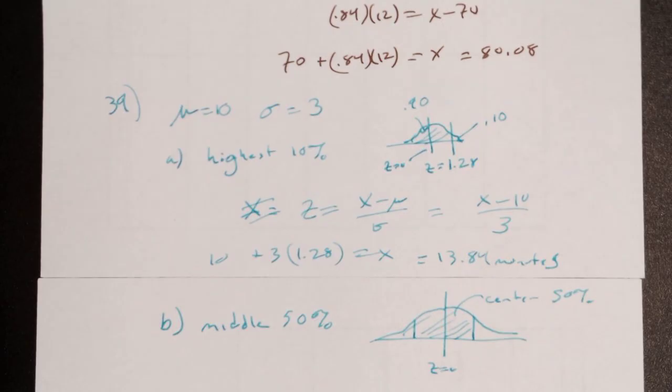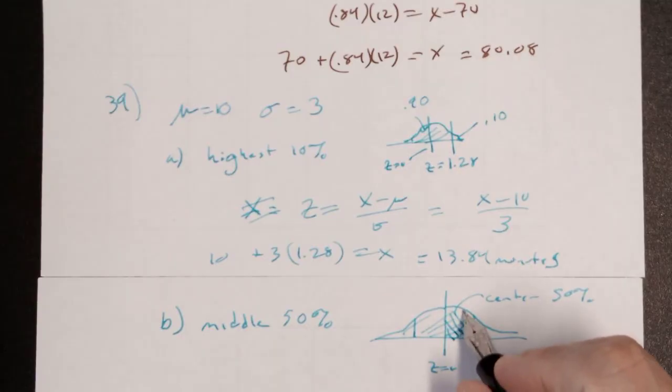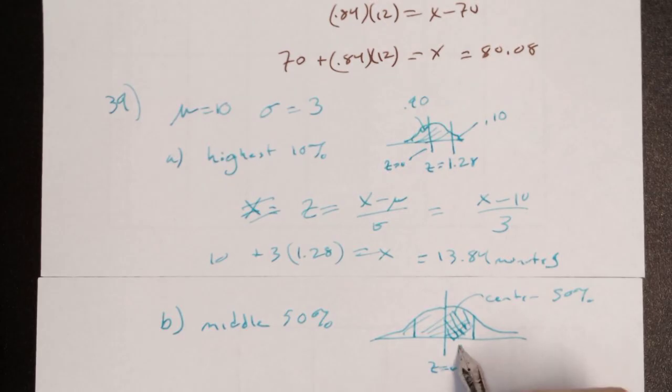Both sides. Aha. So each half of that shaded region is 0.25. So I could use table C1 to find 0.25 right there. Area is 0.25.